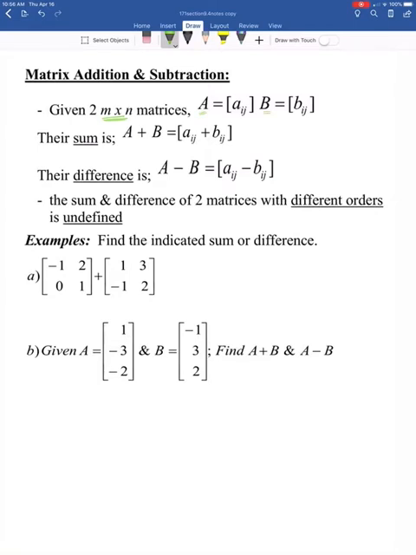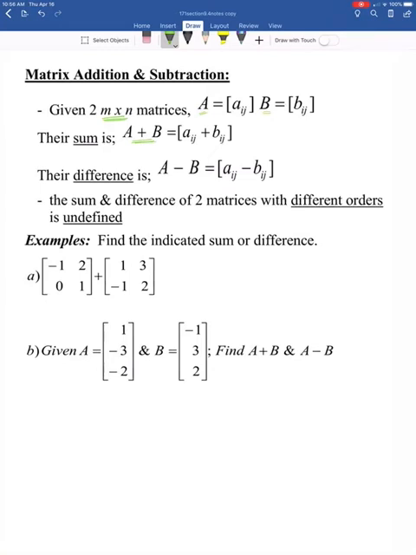And inside here, A sub ij is the ith row, jth column entry. B sub ij is the ith row, jth column entry. So those are our entries, our real numbers that make up these entries to our matrix. And so when we add up the two matrices, we take those corresponding entries and add them up.